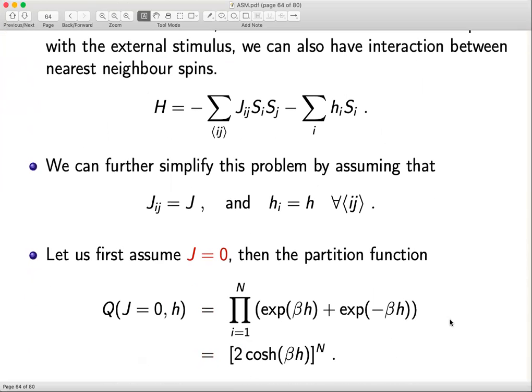Then what we did was look at the simplest case, namely setting J to 0. That is, spins don't talk to each other, they talk only to the magnetic field. In that case, we could write down the partition function in a simple way. It was just the product of the partition functions for individual spins, because spins only talk to the external magnetic field.